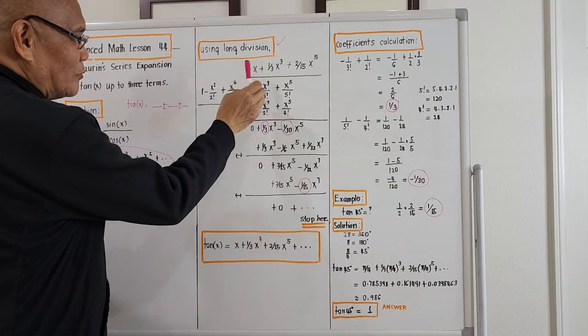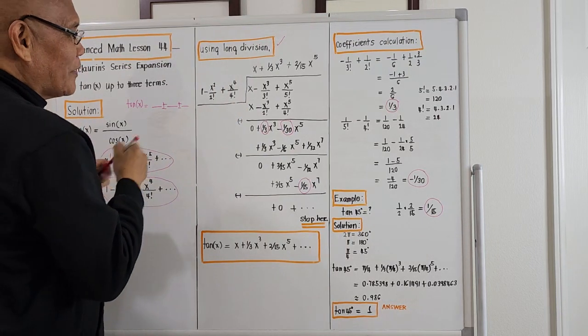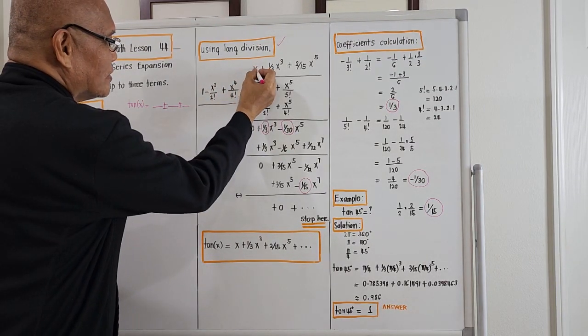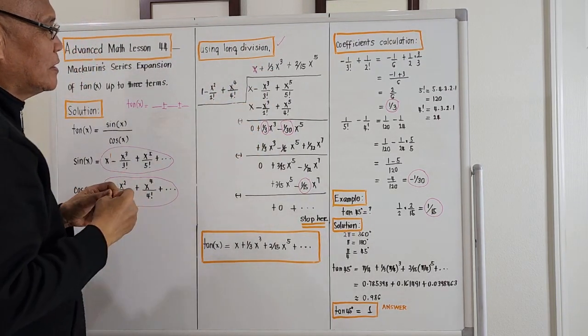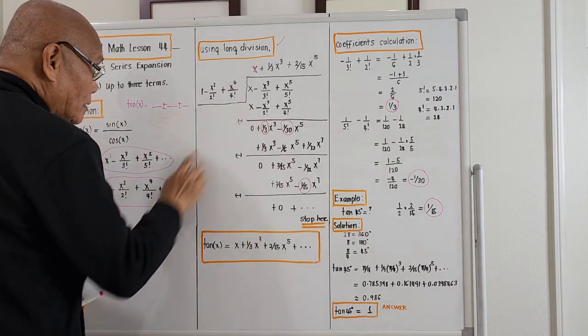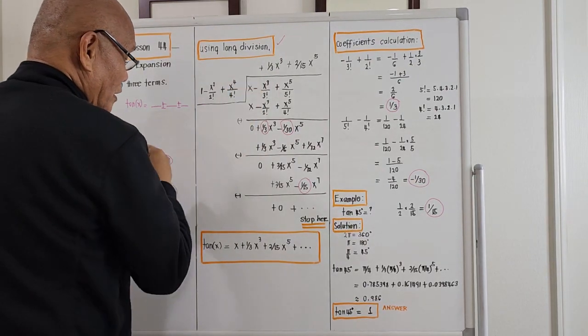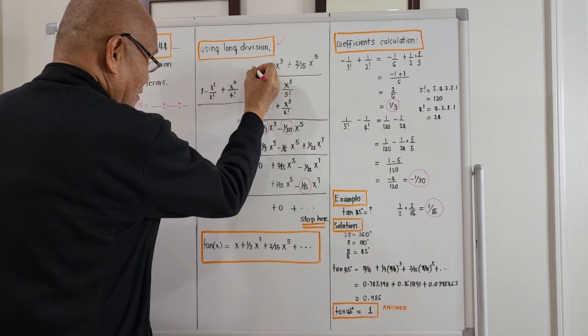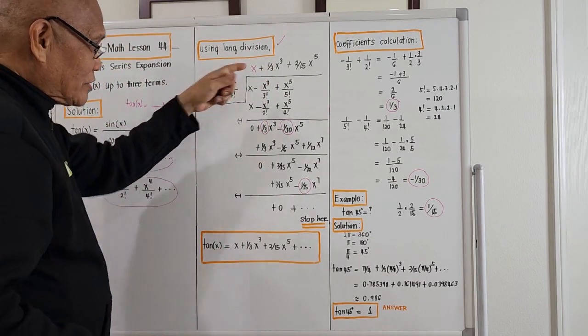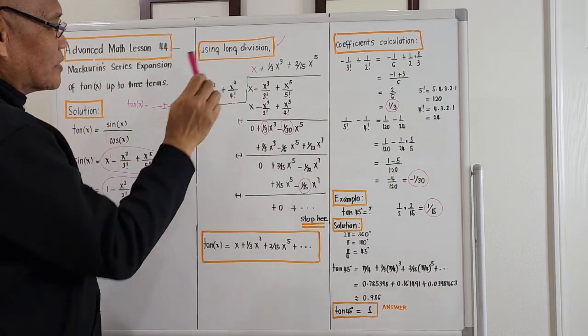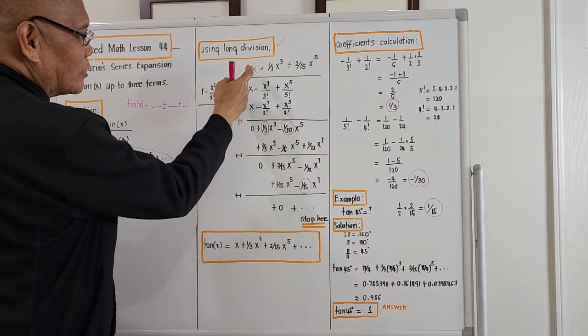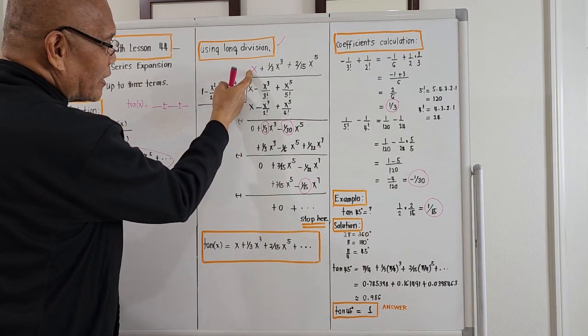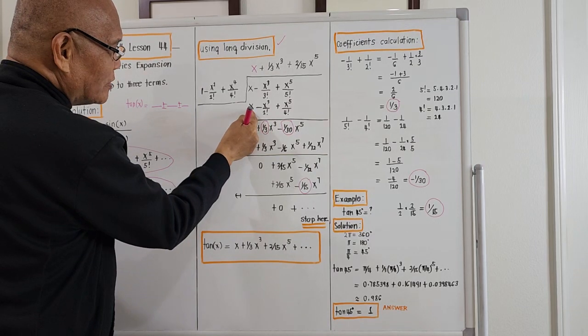the first answer will be x, okay? It will be x. Why x? Why do we know it is x? The first answer is actually x, because if we multiply x times 1, that will be x, right?